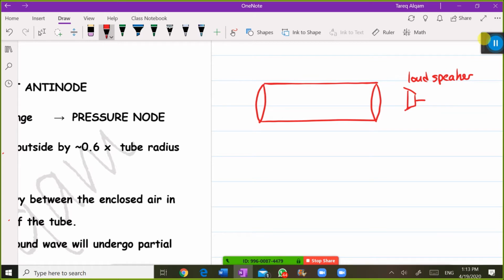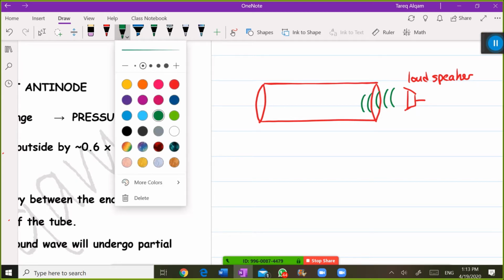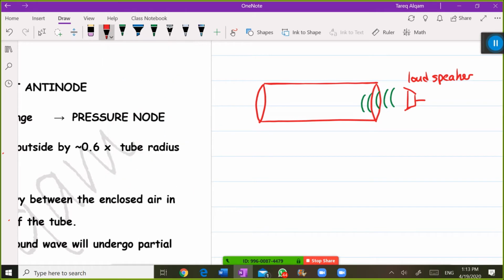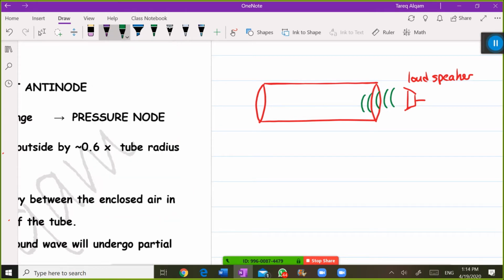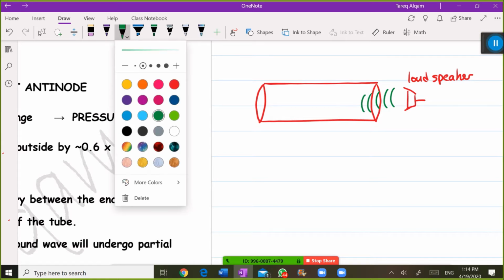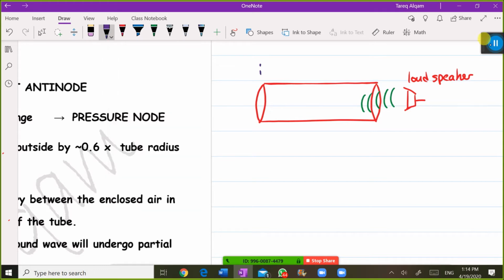Now we have outgoing waves here. When these outgoing waves reach the second end, this end, what will happen here?